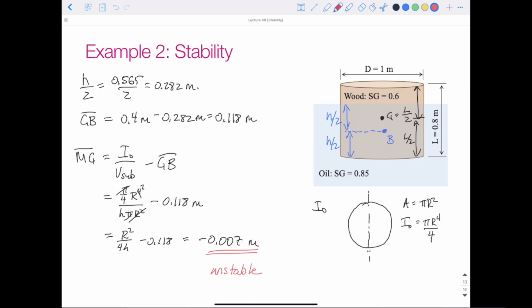If you tilt it a little bit, it's just going to stay in that new tilt position. So it just means you have a state where if you have a small tilt, the position of that small tilt is also stable. So we'll call that, if MG is equal to 0, a quasi-stable state.